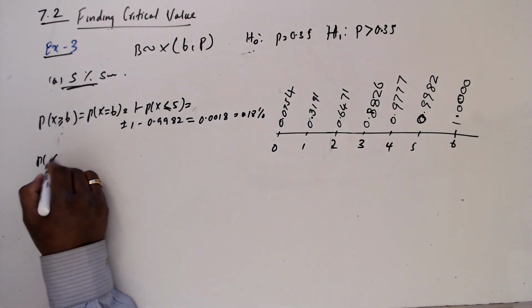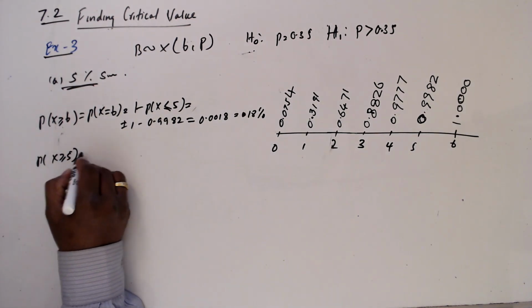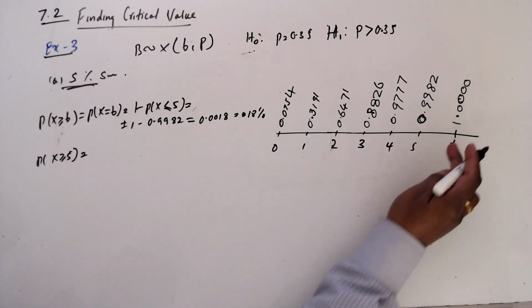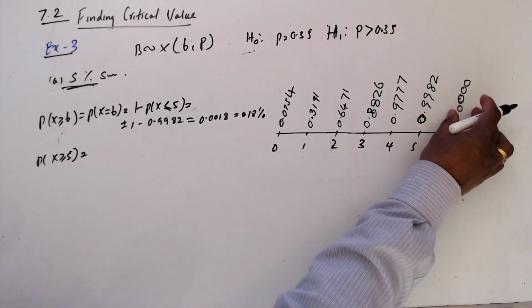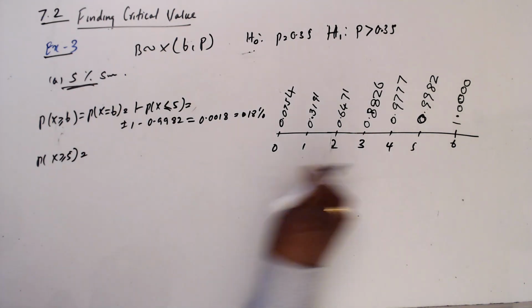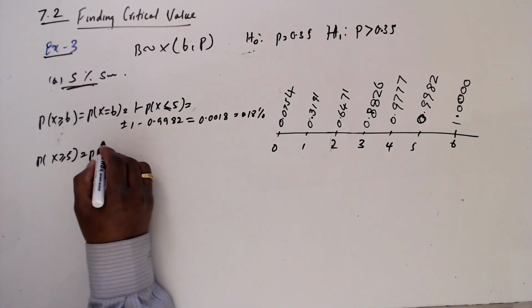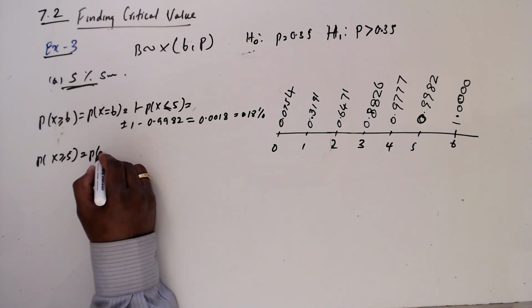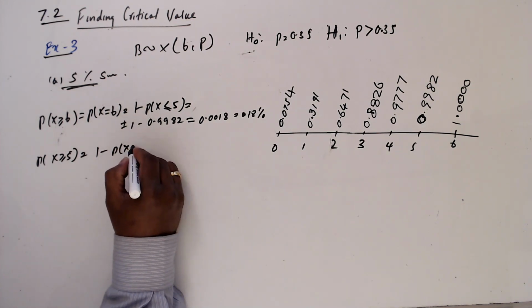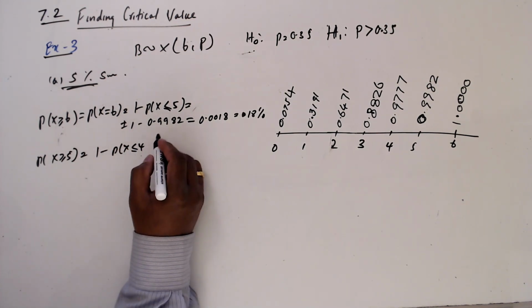So probability of x greater than or equal to 5 from here onwards. So I want to find this one plus this one. So simply I can get 1 minus cumulative. So probability of x greater than or equal to 5 is 1 minus probability of x less than or equal to 4.